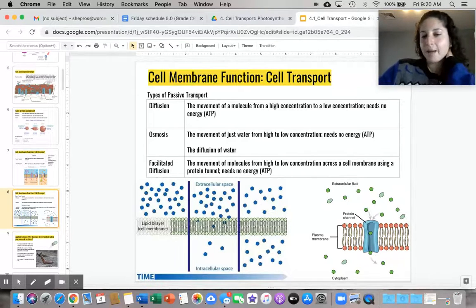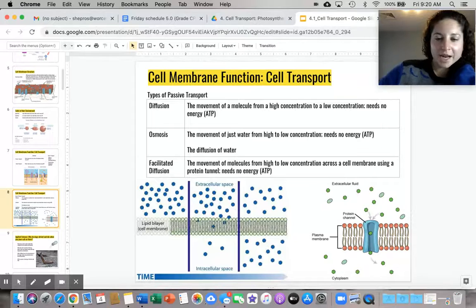And so what happens is, in order to spread out, these sugar molecules are going to diffuse across the cell membrane into the intracellular space. So they're going to diffuse from outside the cell, across the cell membrane to inside the cell. And this process is going to keep happening until we have an equal concentration in the extracellular space and an equal concentration in the intracellular space.